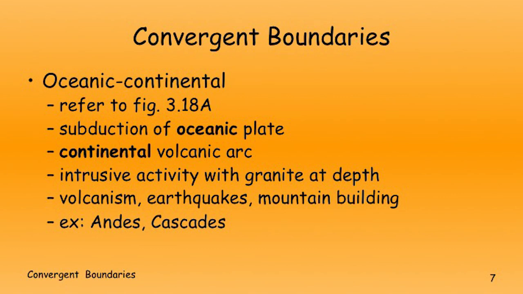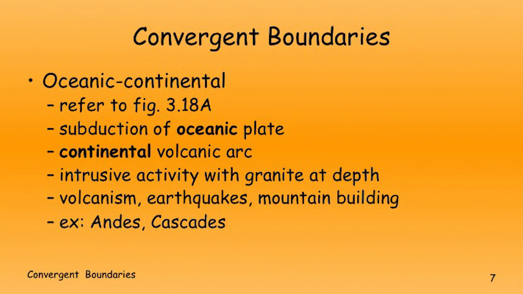So you have intrusive activity with granites forming at depth. And general or global geologic processes that occur are volcanism. You're going to have earthquakes. That subduction process creates a lot of friction, and it doesn't just move slowly and surely, but rather it moves in jerks, and every jerk is an earthquake.